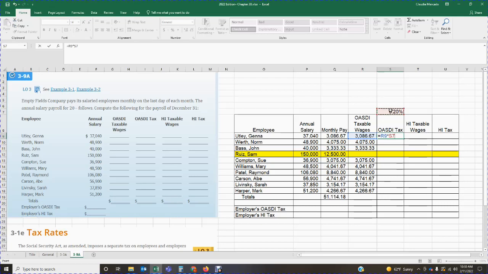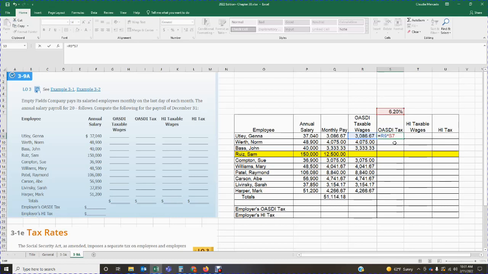Now I am going to copy this formula down to the rest of my cells. That way I don't have to do this formula over and over again. Because I am copying my formula down, I need to anchor my rate at 6.2%. I need to make sure that all of my OASDI taxable wages multiply by the 6.2%. So I need to anchor that cell, which is cell S7.